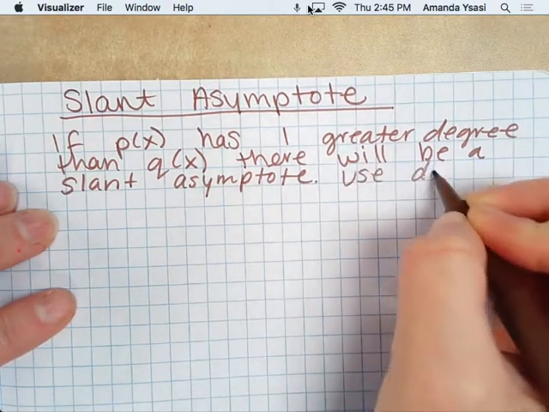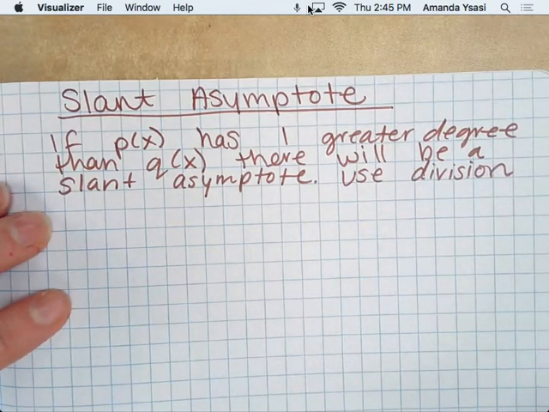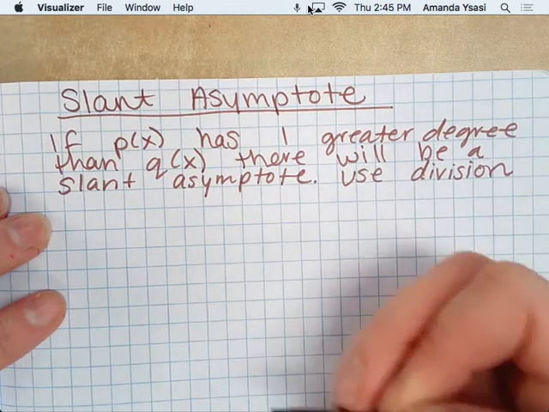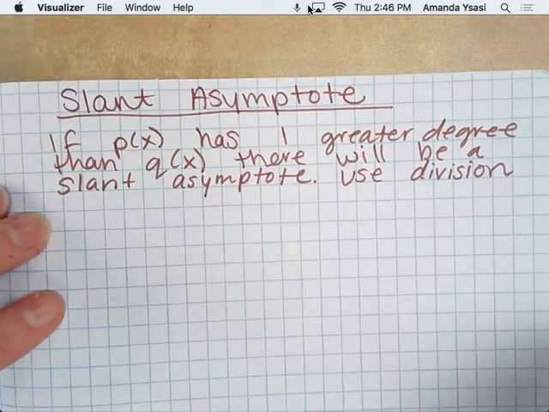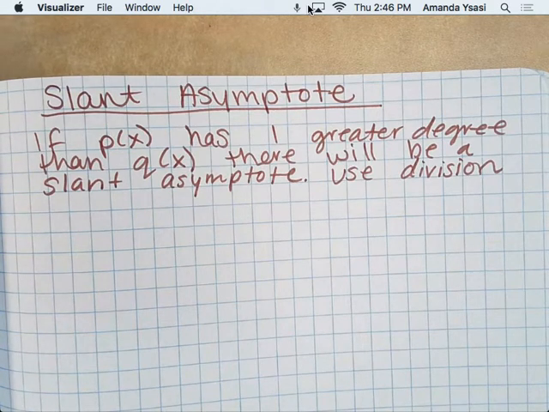Use division to find it. So slant asymptote is when it's one greater. Two or more would be a quadratic asymptote, and we're not covering that in college algebra. It is in pre-cal, but not in college algebra.